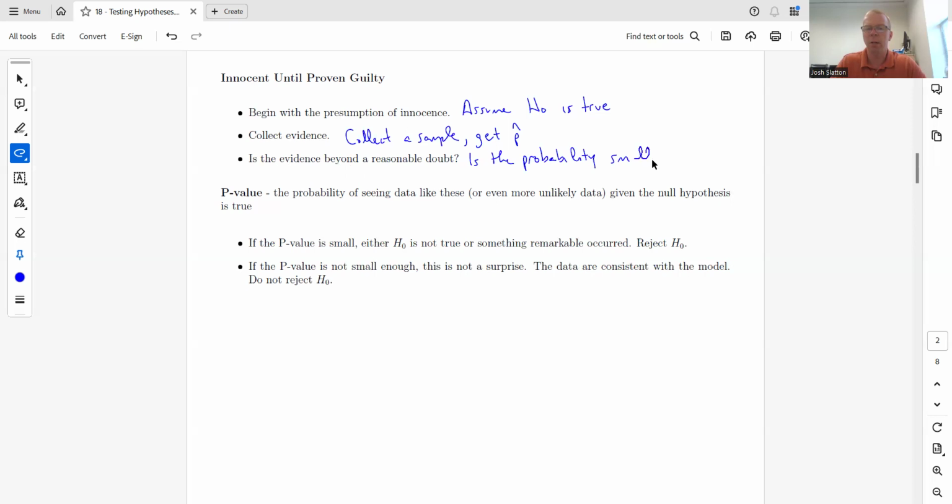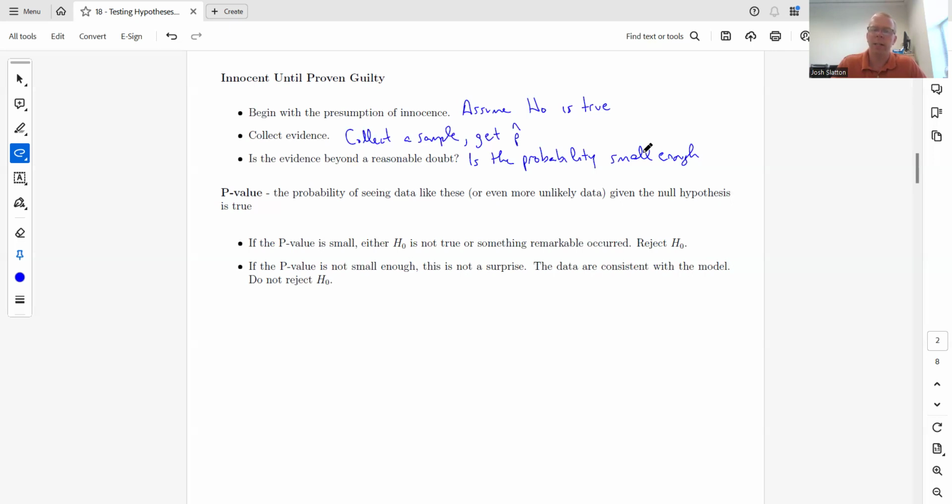So if we use a more concrete court example, let's say someone robs a bank, and they are arrested for robbing the bank, and the police have to collect evidence, et cetera. So we assume the person is innocent in the court's eyes, and then the prosecution will collect evidence.